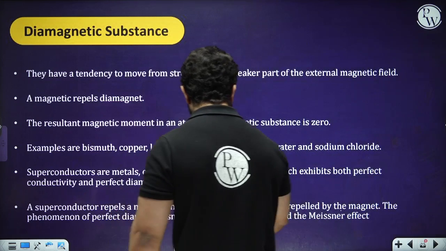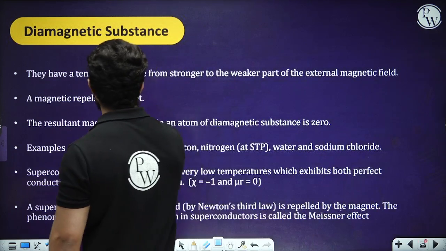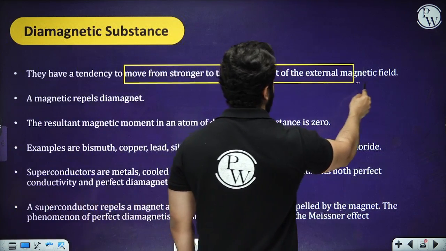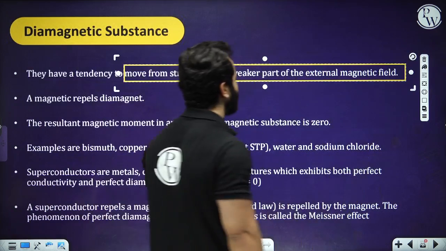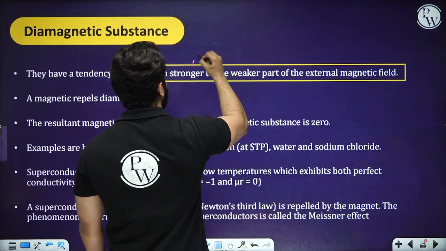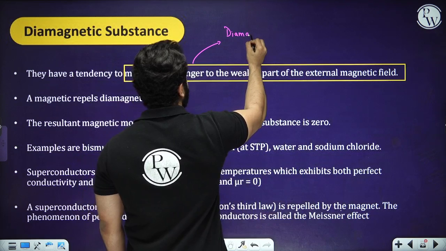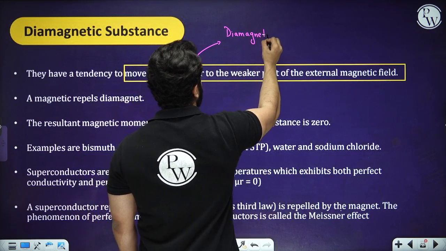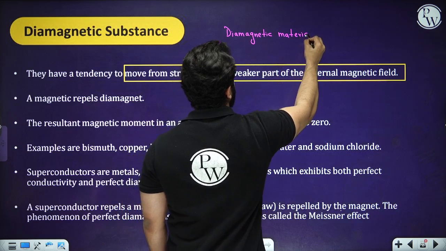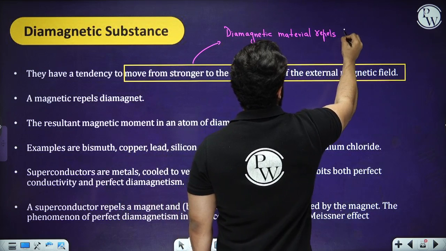What is the definition of diamagnetic material, or the main property of diamagnetic material? They have a tendency to move from the stronger to the weaker part of the external magnetic field. This basically means that diamagnetic material repels magnetic field.